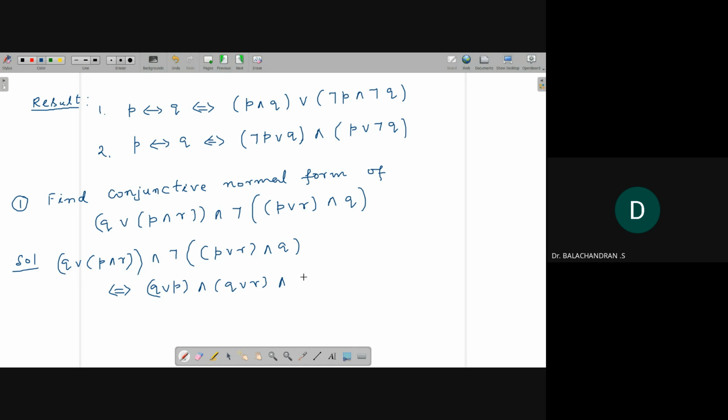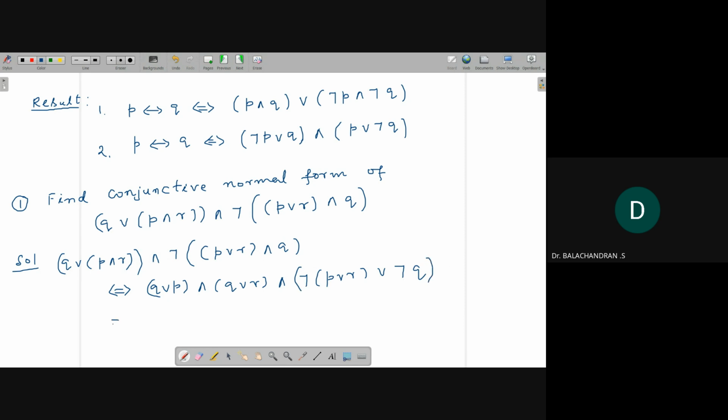So then you will get negation of (P or R) becomes negation P and negation R, instead of or you have and, and negation of Q... R or negation Q. Now you can put a bracket if you want here.